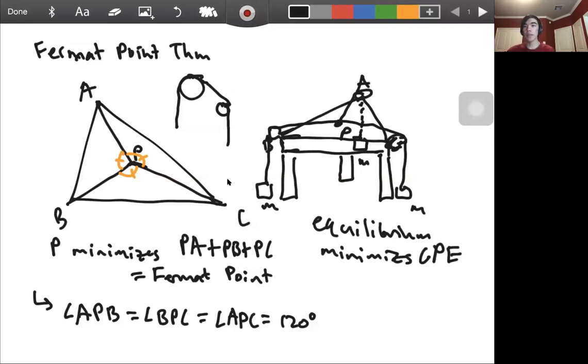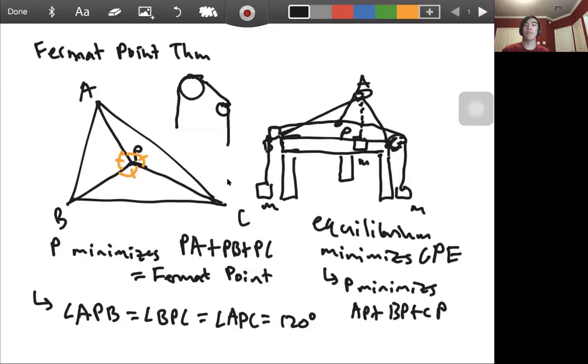So to minimize gravitational potential energy, the system wants the masses to be as far down as possible. And this tells us that P actually minimizes AP plus BP plus CP. It minimizes these 3 lengths because the less rope there is on the table, the more rope is contributing to lowering the masses to the ground.